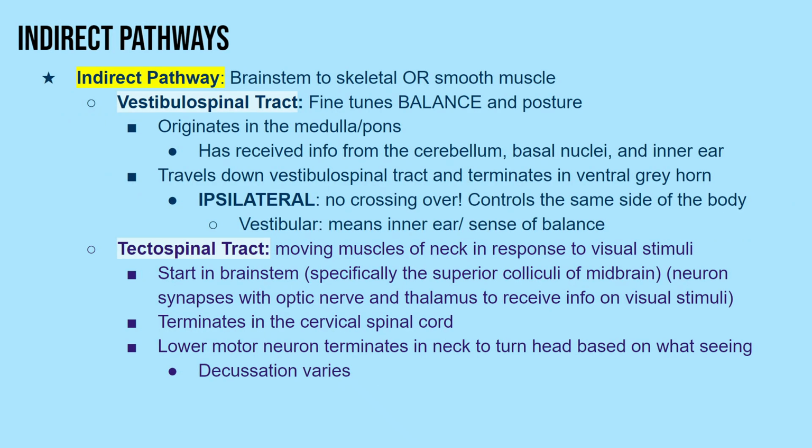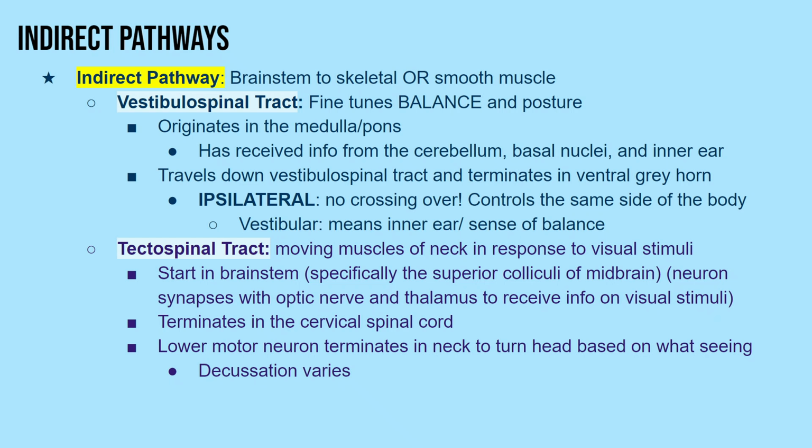For the indirect pathways, these always run from the brainstem to skeletal or smooth muscle. The vestibulospinal tract is responsible for balance and posture. Something else important to note is that this tract is ipsilateral, which means there's no crossing over.